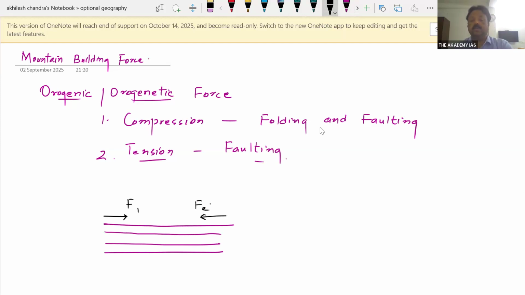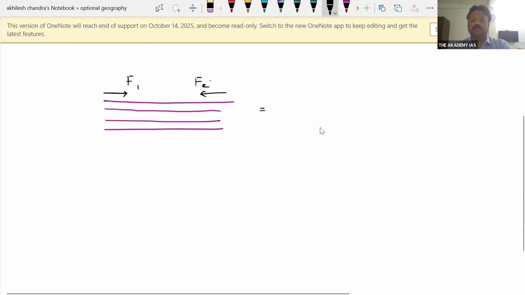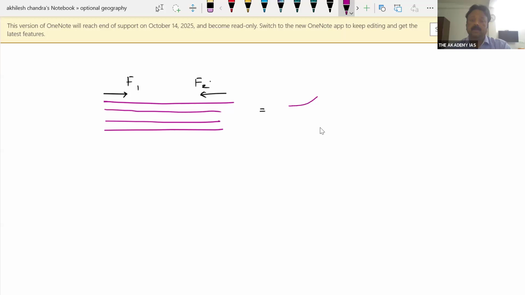So it tends to create folds. There is formation of fold, and the crustal rock gets bent into anticline and syncline. The upfold is called anticline, and the downfold is called syncline.